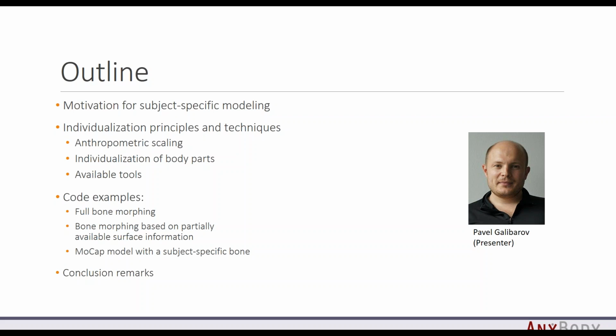And we will, of course, cover all available tools in the AnyBody modeling system. And in that, we are going to provide some examples of how this can be done, and these code examples can be reused by our customers whenever they want to do their own subject-specific modeling tasks.